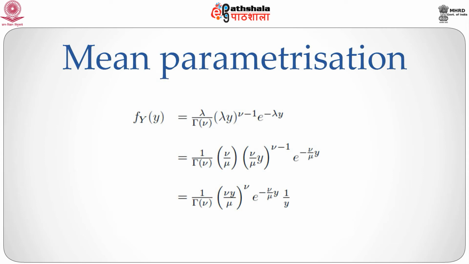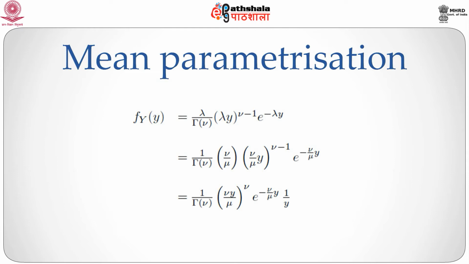Properties of the gamma distribution, the mean parameterization. Note that for the gamma distribution, f of y is given by λ over Γ(ν) into (λy) to the power ν minus 1 e to the power minus λy, which can be written as 1 over Γ(ν) into (ν/μ) y to the power ν minus 1 e to the power minus (ν/μ) y.